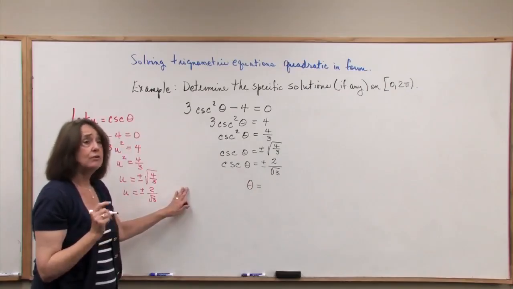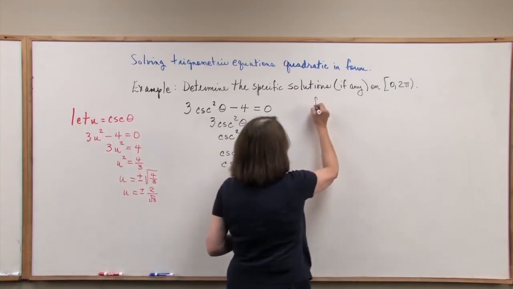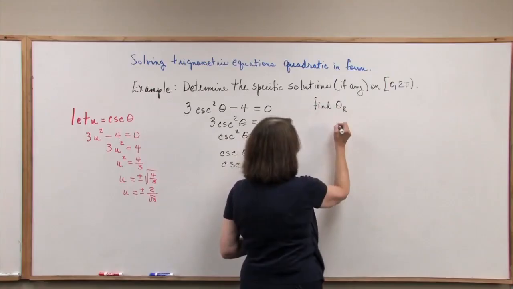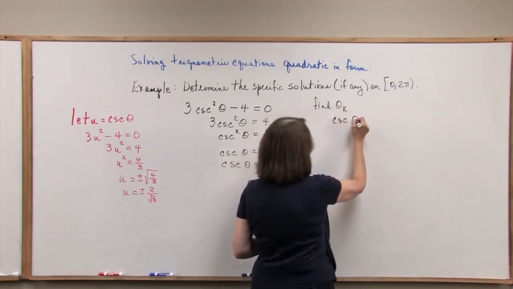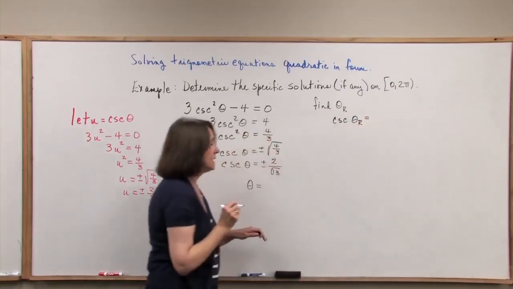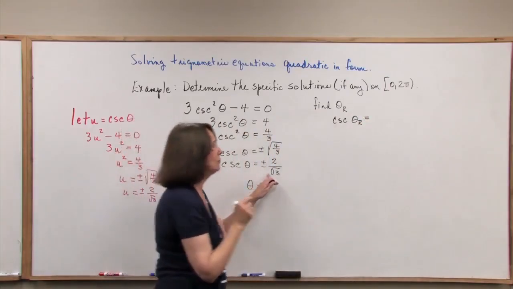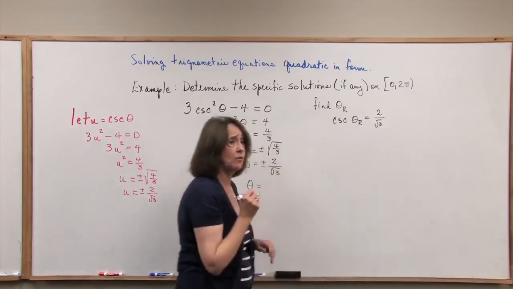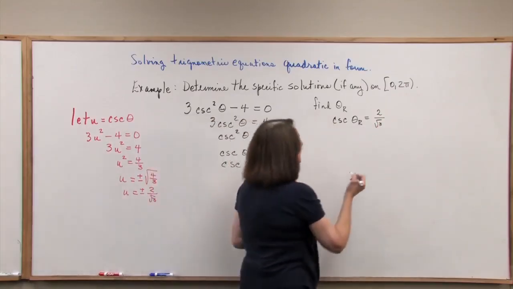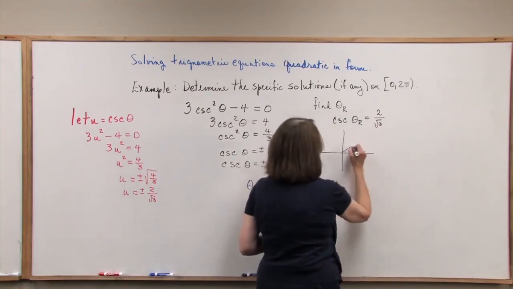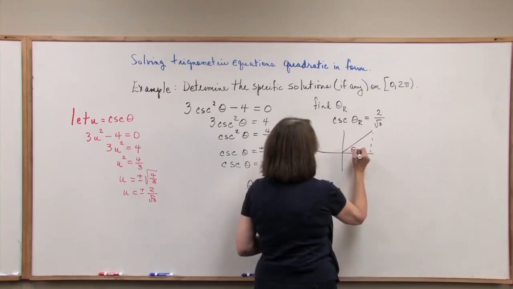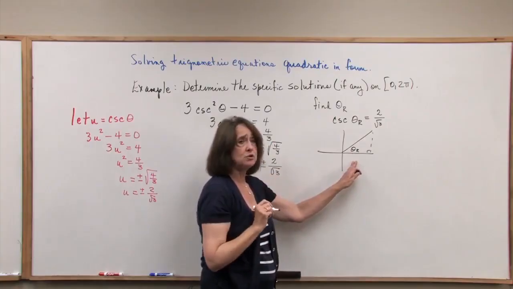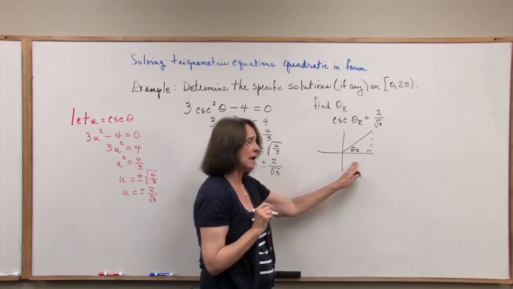I'm going to find the reference angle. Come here to the side. I'm going to find the reference angle such that the cosecant of the reference angle equals the positive ratio 2 divided by square root of 3. In quadrant 1, my reference angle, I'm going to place the 2 and the square root of 3 at the appropriate sides.